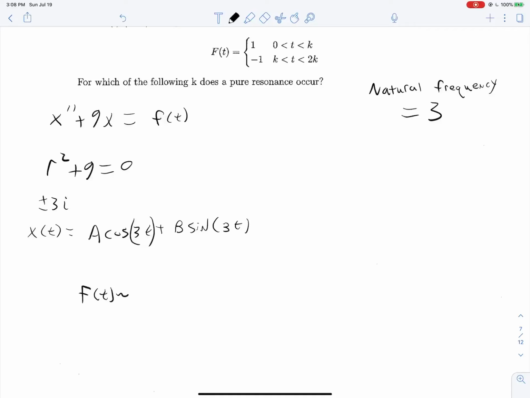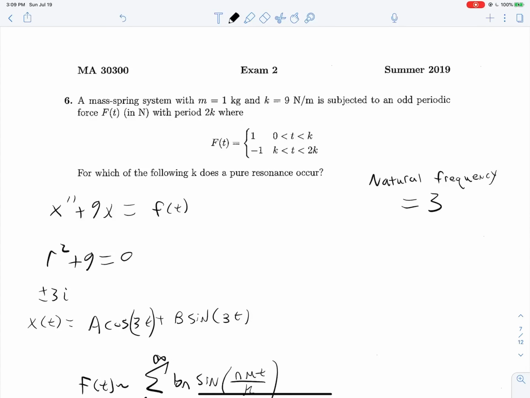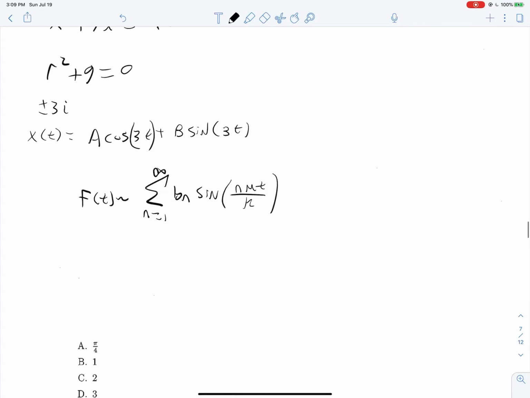We'll say that f of t is approximated by the sum from n equals 1 to infinity of bn sine n pi t over k, because they tell us that this function has period 2k, so our value for L, our half period, will just be k.